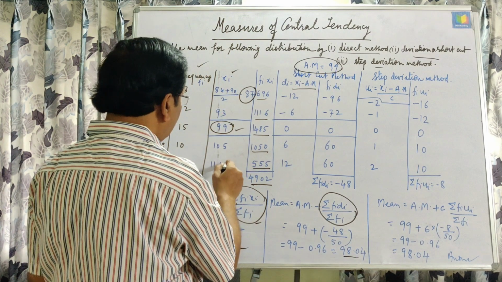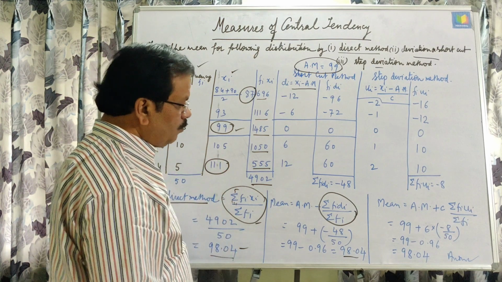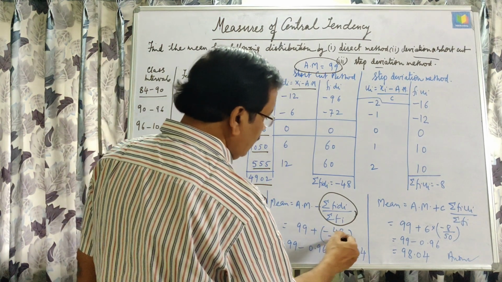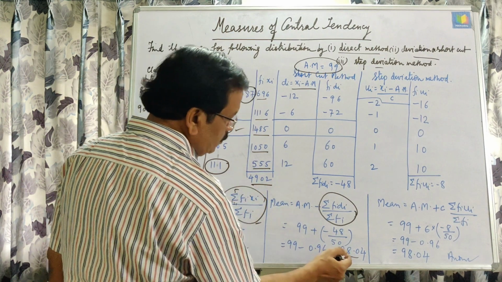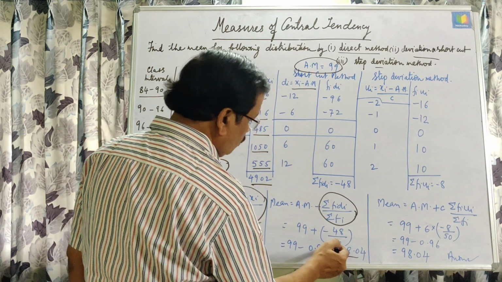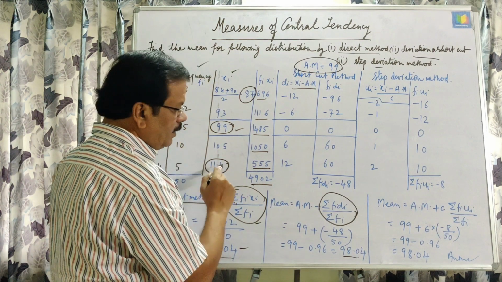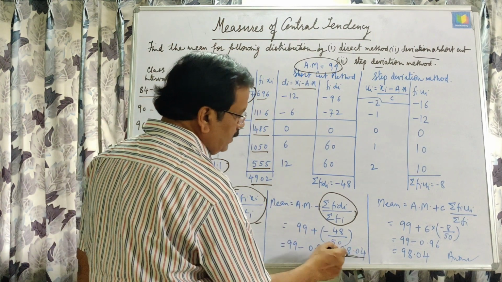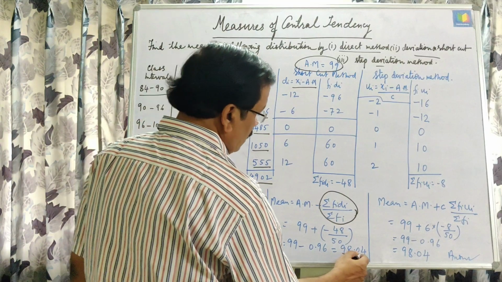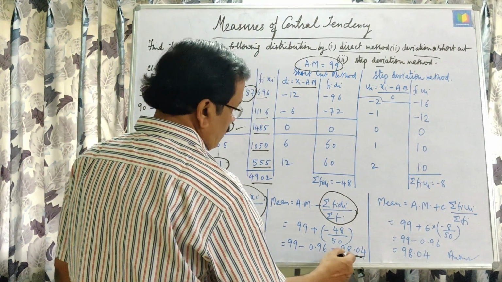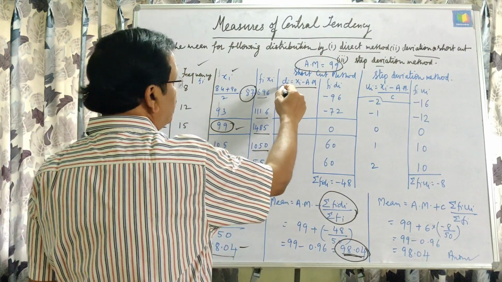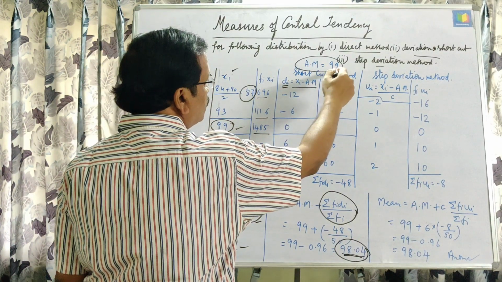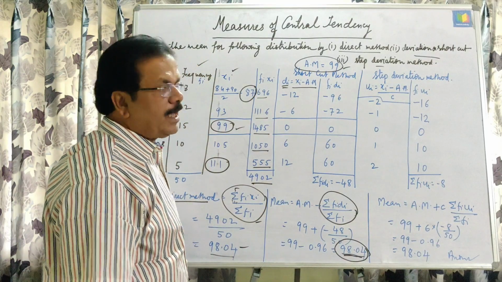But if you are taking 111 as the assumed mean, then this value will be negative, around 12 to 13, so that we subtract that value from 111 to get the corrected mean 98.04. Now how to apply this deviation? Suppose in this question I assume 99.